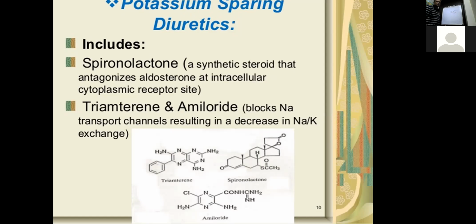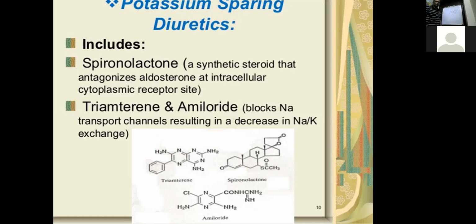First thing to remember is a pyrazine moiety. Next, it is a diamino pyrazine, with an amino at the 2nd and 6th positions. At the 3rd position there is a chlorine, and at the 5th position a guanidine linkage attached to a carbonyl group. So this is the structure of amiloride.